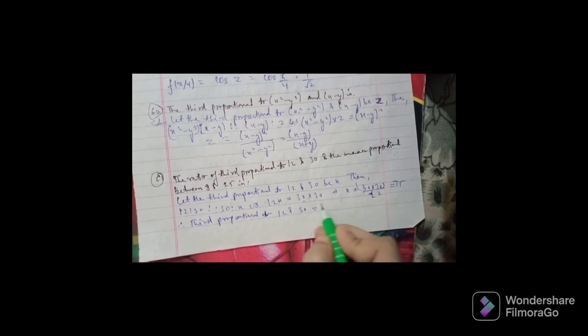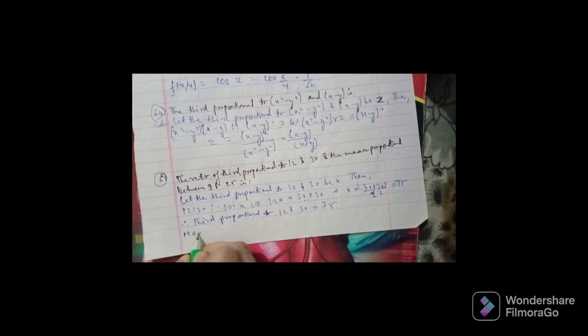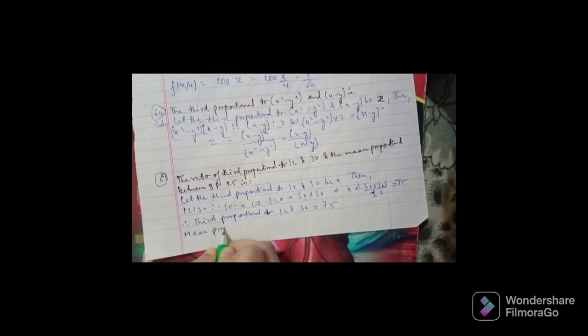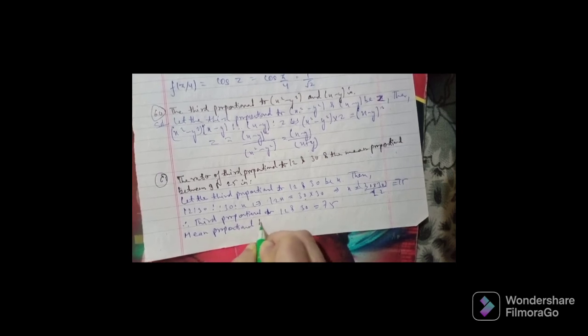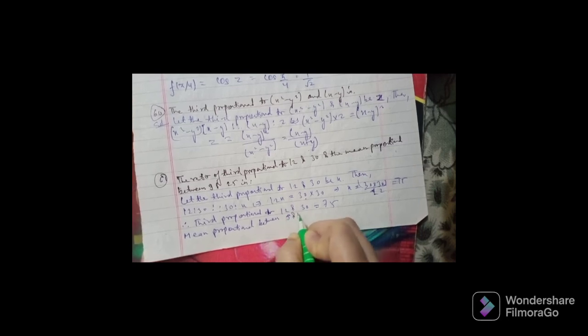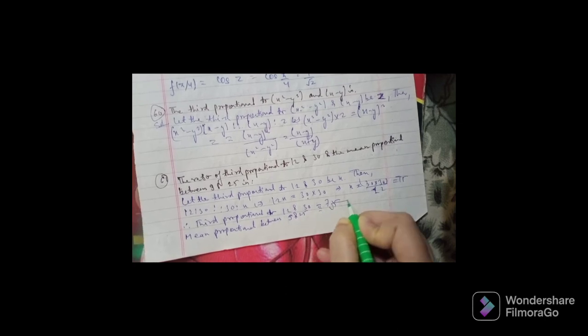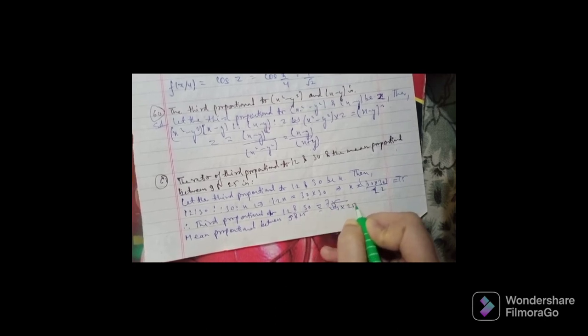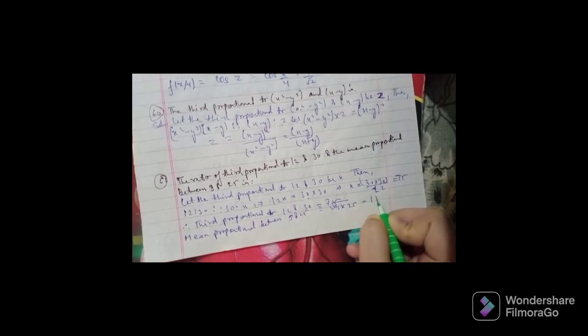Okay, now we talk about the mean proportional between 9 and 25, which is the square root of 9 into 25, and we get 15.